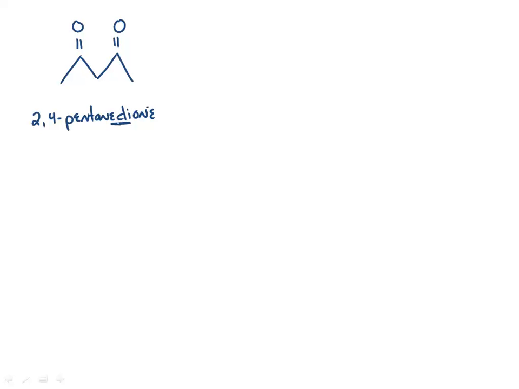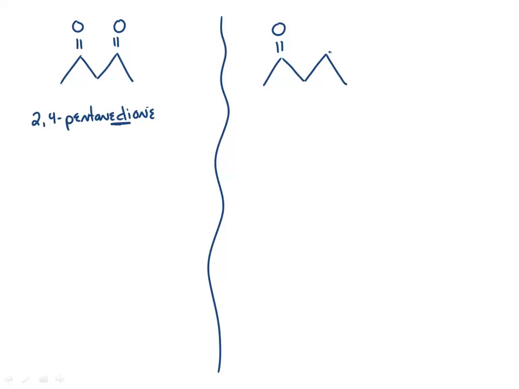Now, of course, we can mix it all up. If we start getting more difficult, what are we going to do if, for instance, I have a ketone and a carbon-carbon double bond? Yep, ketones get the smallest number because they're the newest functional group, basically.